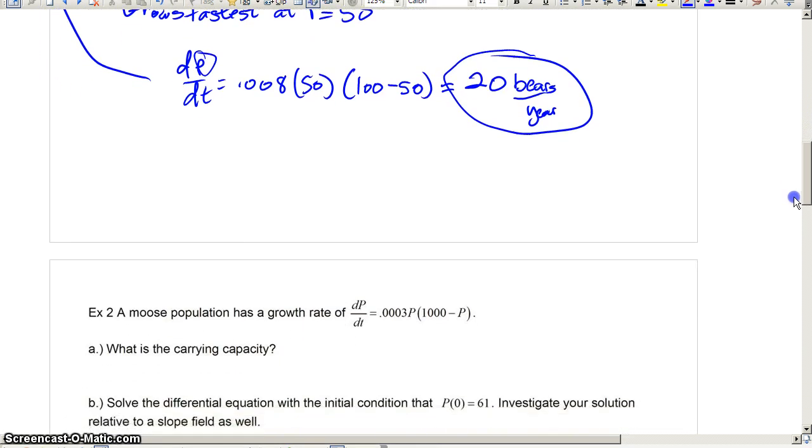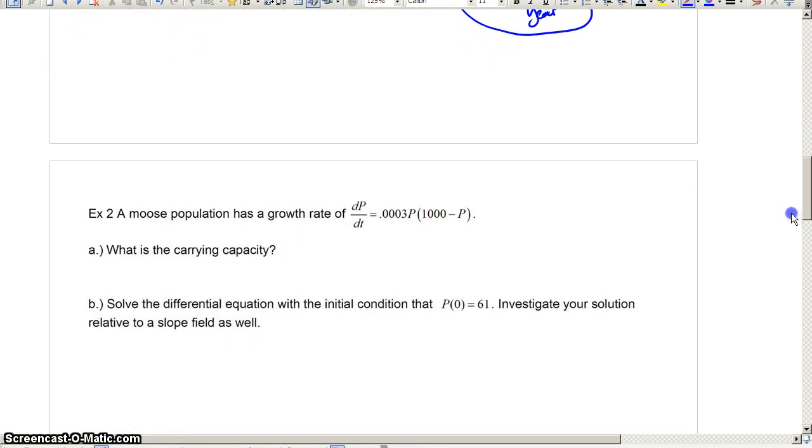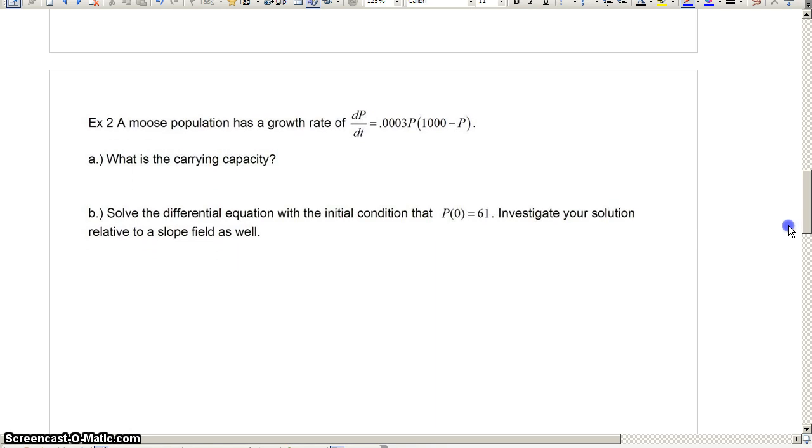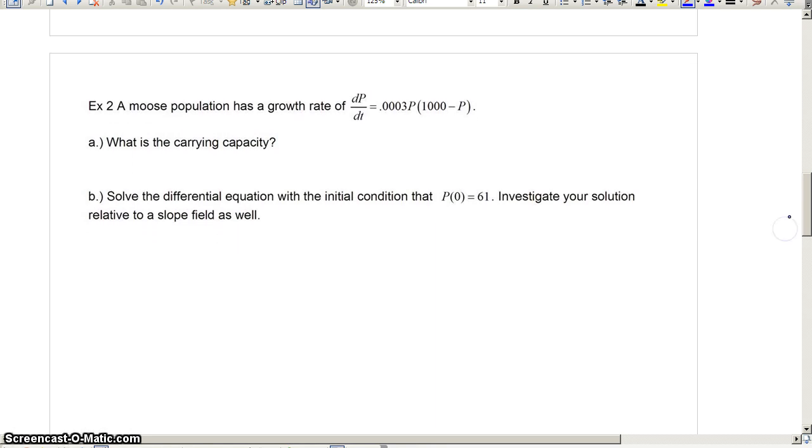We're not going to have enough time to complete all of this just now, but we can at least get started. For example 2, a moose population has a growth rate of dP/dt equals 0.0003 P (1000 minus P). Well, of course, we know this is our K. We know this is our M. So what's the carrying capacity?